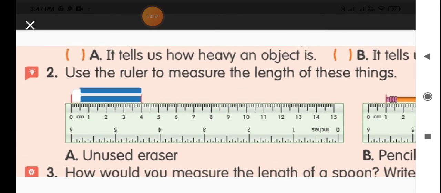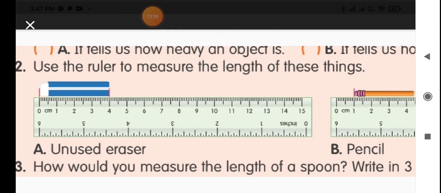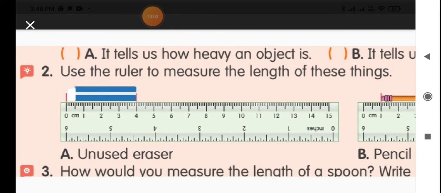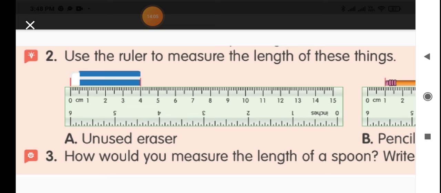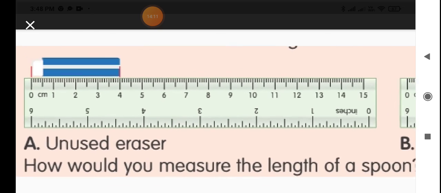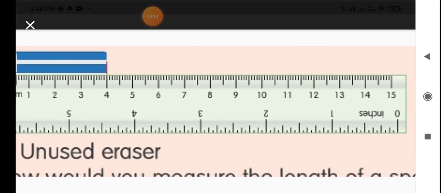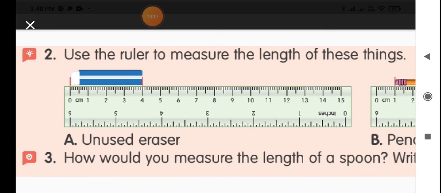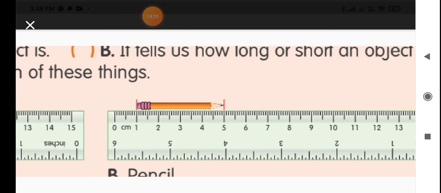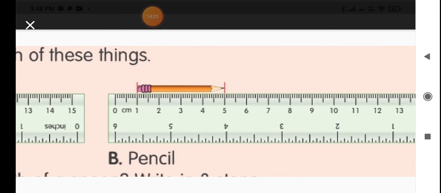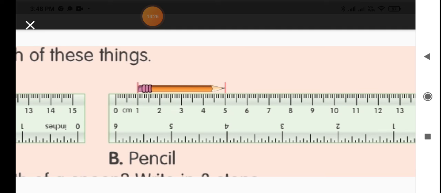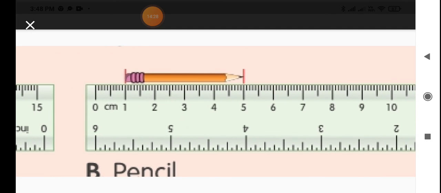And the next one, use the ruler to measure the length of the given things. The first one is the eraser. How long is the eraser? The left end of the object is near 0 and the right end is near 4. So the length of the eraser is 4 centimeters. In the same way, the left end of the pencil is placed at 1, not at 0. And the right end of the pencil is showing 5.